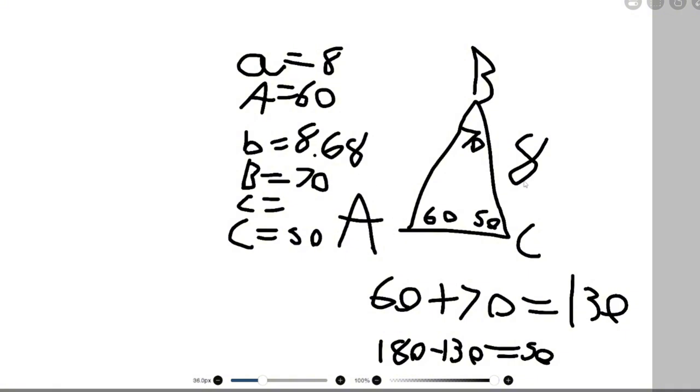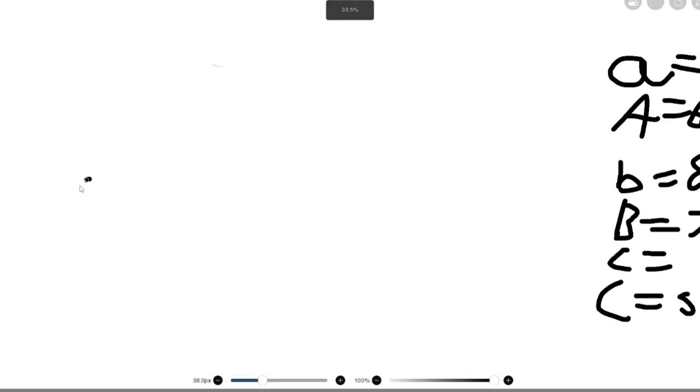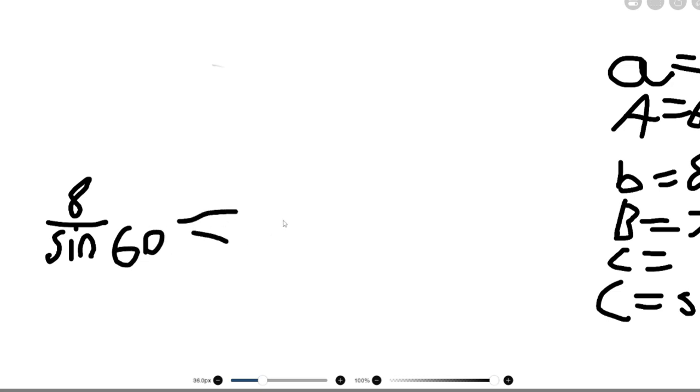So it'd be a here, which is 8 under sine of 60 equals c under sine of 50.